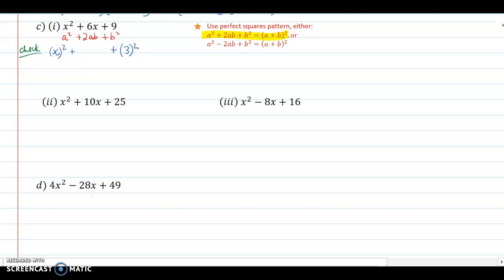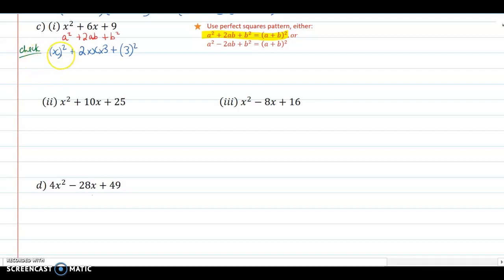And the last bit you need to check before you can apply the pattern is: does the 6x come from 2 times x times 3, because that's representative of our a and b term? We can clearly see that we do have a perfect square pattern here.